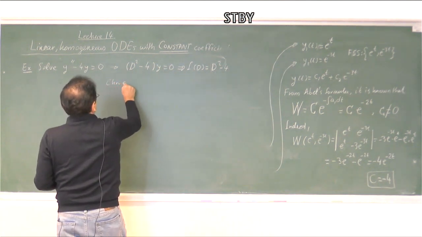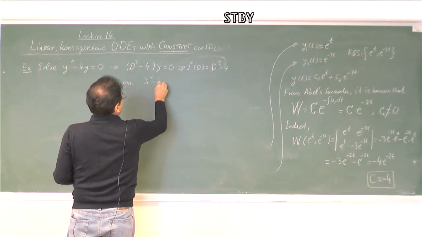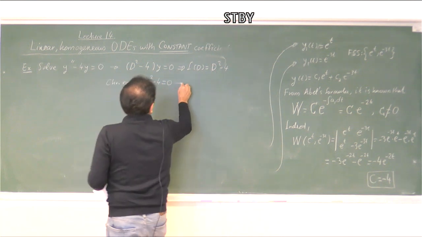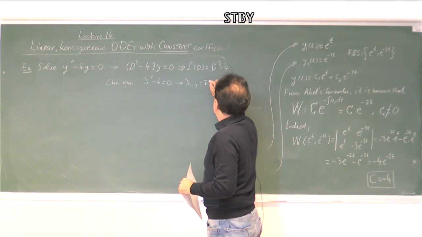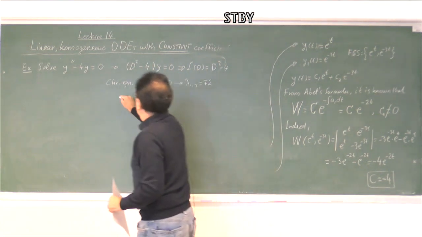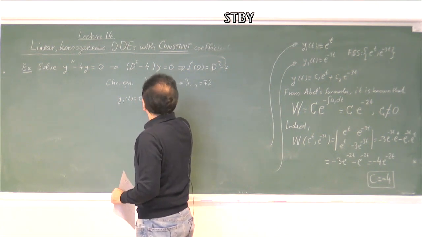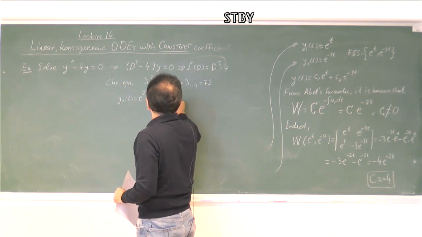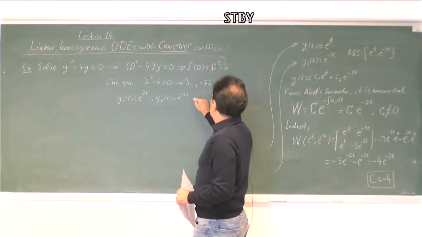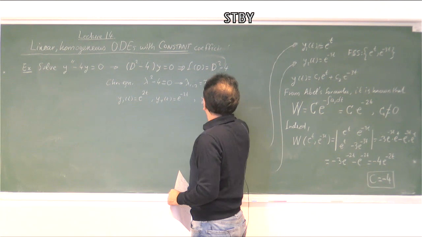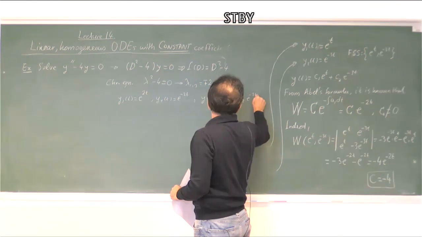And the characteristic equation is lambda squared minus 4 equal to 0, giving the two roots plus or minus 2. Therefore, the first solution is e to power 2t, and the second solution is e to power minus 2t, and the general solution we require is c1 e to power 2t plus c2 e to power minus 2t.